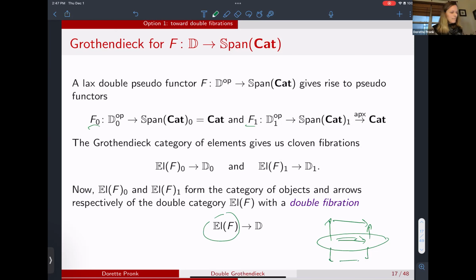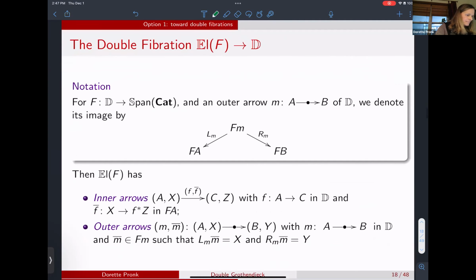So in what sense is this a double fibration? What does that mean? Before I define what the double fibration is, I'm just going to first look at what is the result of doing elements here and what kind of double functor we have here.